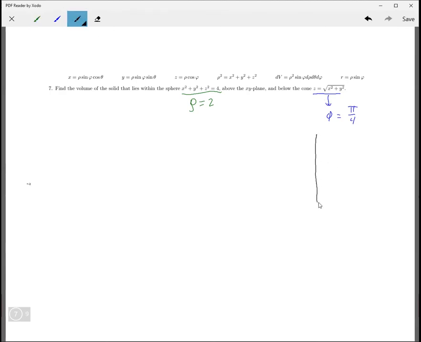So this one is this cone coming out here. Okay, this one is the sphere.